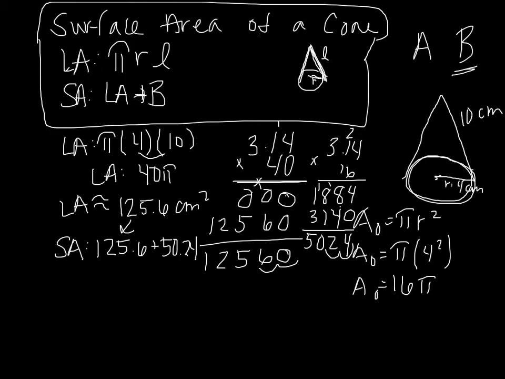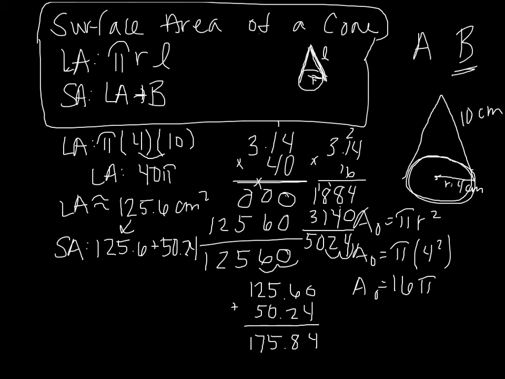Okay, let's add them together. Remember to line up those decimal points because we are adding decimals here. 50 and 24 hundredths. Add my 0 up there so I don't get mixed up. 0 plus 4 is 4. 6 plus 2 is 8. 5 plus 0 is 5. 5 plus 2 is 7.